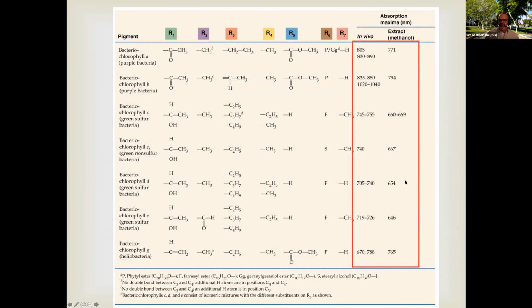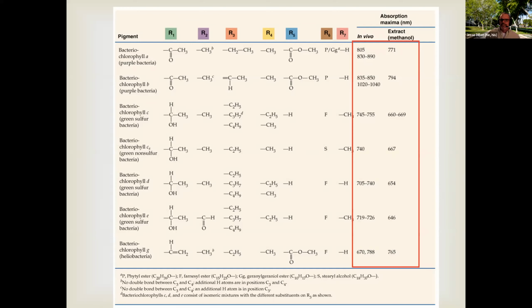And the differentiation all comes down to the fact that in vivo, or in real life, they absorb these different wavelengths. The reason this shows methanol is that a good way to know what pigment you're dealing with is to extract the molecule in methanol. And that changes the absorbance a little bit, but basically these are diagnostic. It'll always shift from about 805 to 771, but you can account for that.